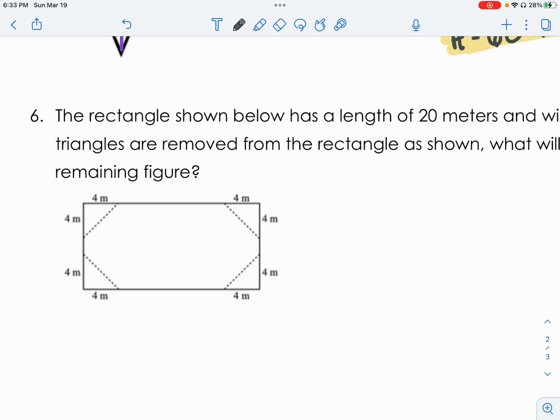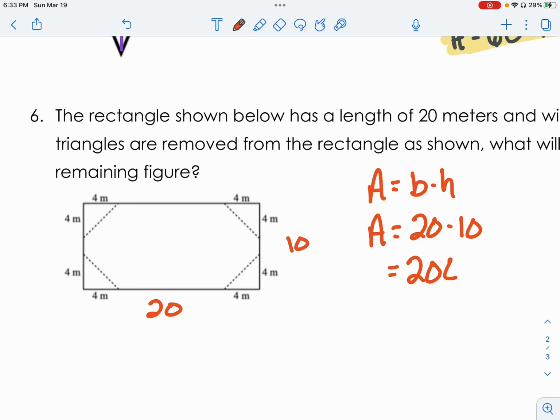So let's go ahead and start labeling first. We have a length of 20 for the rectangle, and then we have 10. So area equals base times height for the rectangle. Area equals 20 times 10, which simply equals 200.